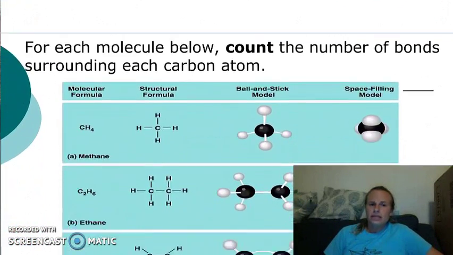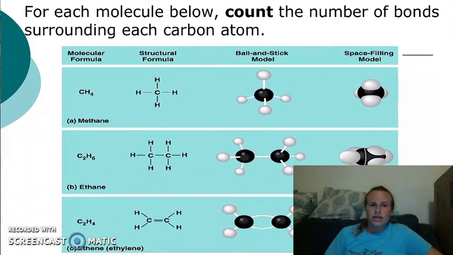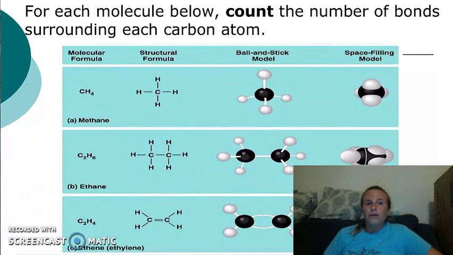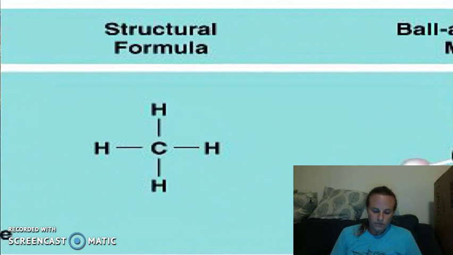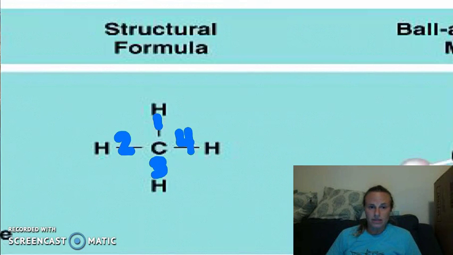So look at these molecules. We just said that carbon can form 4 covalent bonds with atoms around it. So let's count. In methane, you've got 1, 2, 3, 4 bonds with other atoms.